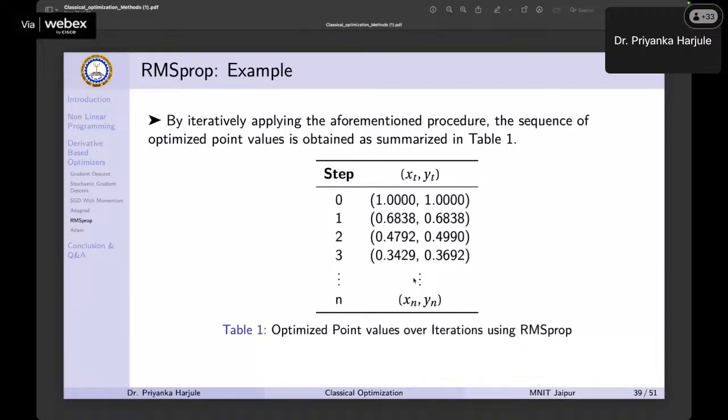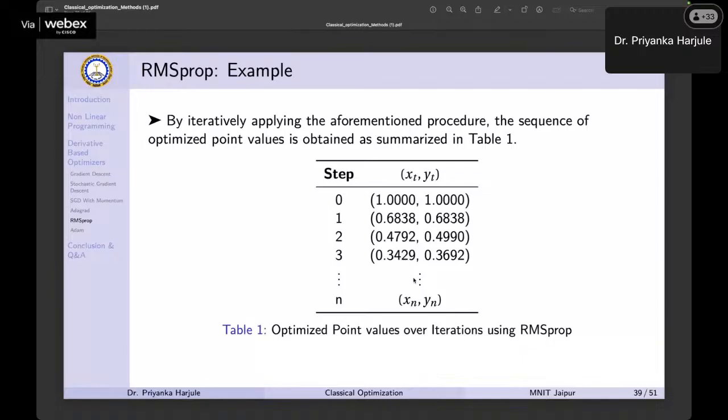This disadvantage of RMSprop is because it is only taking the magnitude of the gradient and not the direction. So it does not track the gradient direction. It only makes use of the magnitude.